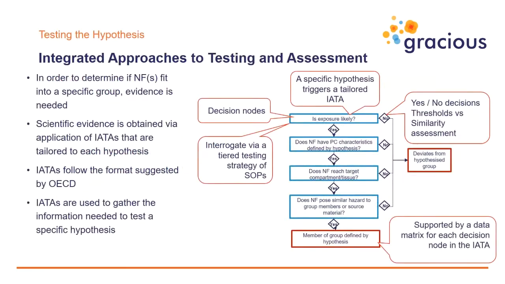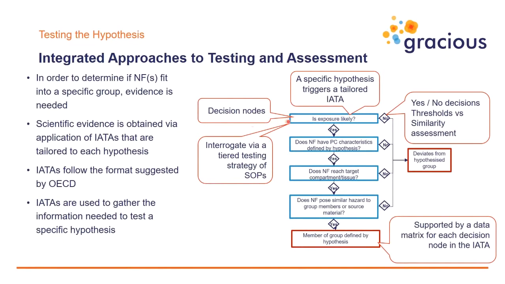This is an integrated approach to testing and assessment, or an IATA. This is a generic one. It covers exposure, phys-chem characteristics, the compartments in the environment or the tissues exposed, and the mechanism of hazard. So these are questions in a decision tree that allow you to make yes or no decisions.